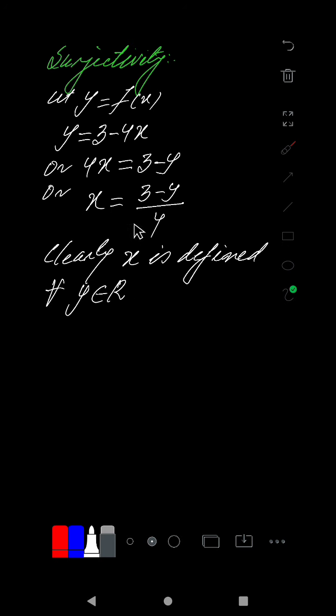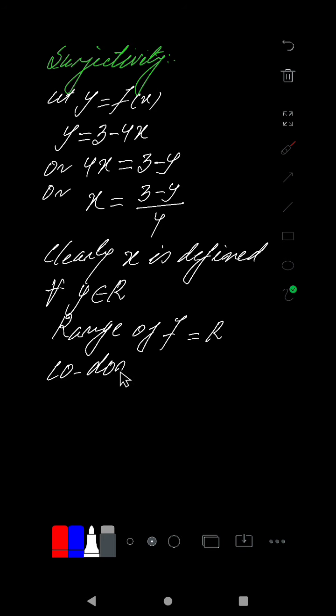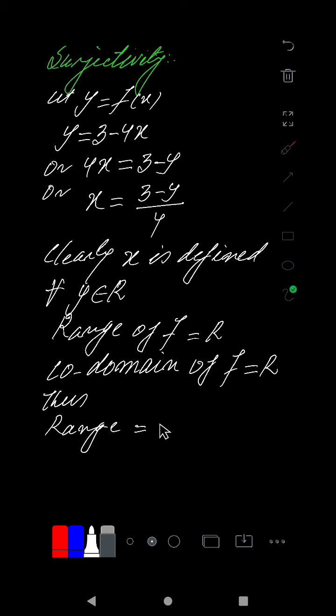That means for every real value of y, x must be real. The range of f is equal to R. Codomain of f is also equal to R. Thus, range is equal to codomain. So, f is a surjective function too.